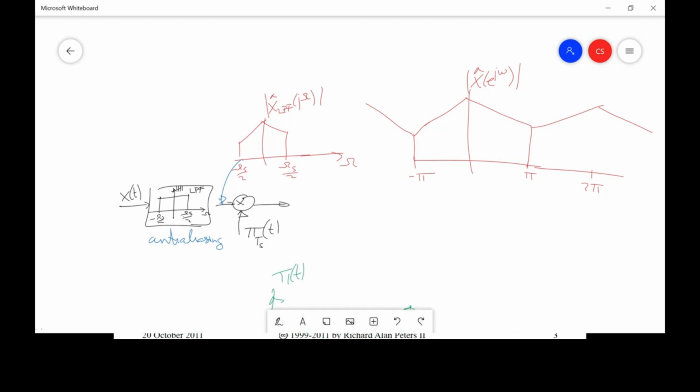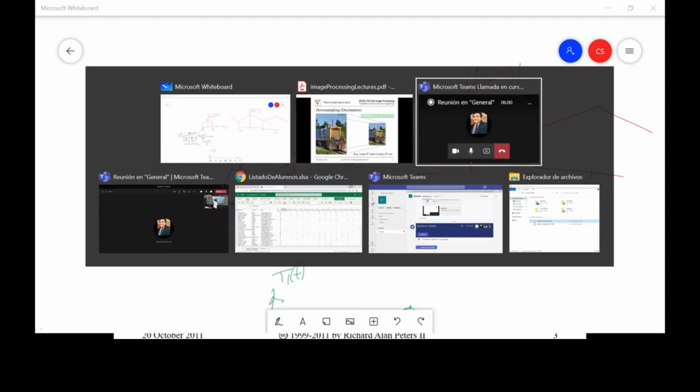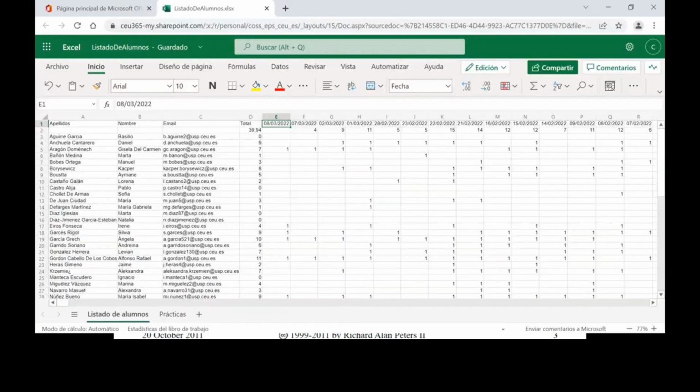Yeah, that is another representation I like. Let's see if I can find it easily. I'm sure I will.